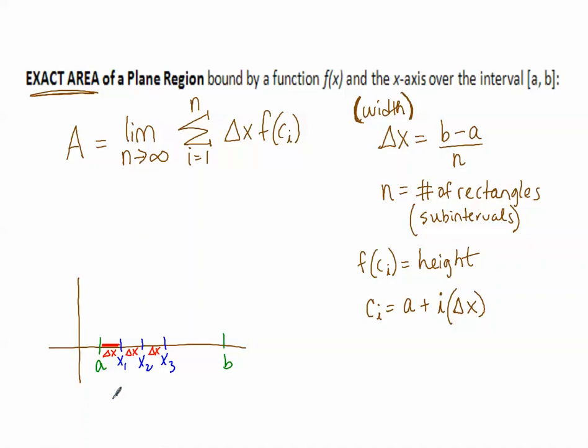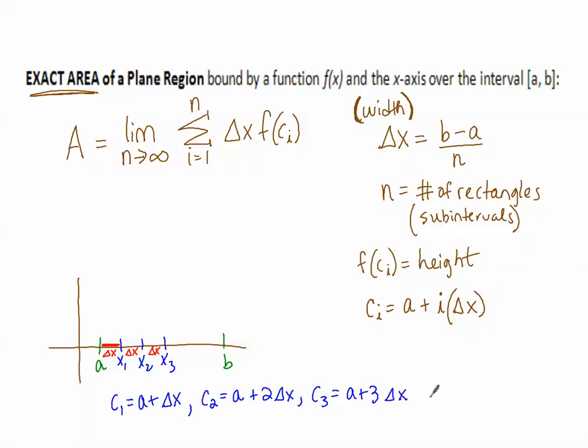So the first c sub i is c sub 1, this one. Start at a and add 1 delta x. Then c sub 2, this x coordinate, is start at a and add 2 of those delta x's. Continue in this pattern, start at a and add 1, 2, 3 delta x's.